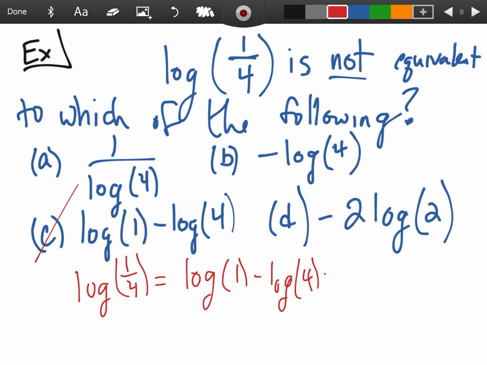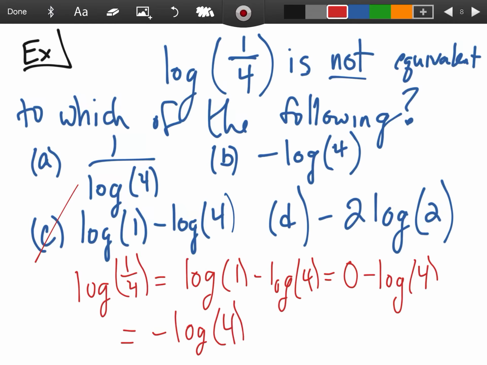Well, what's log of 1 equal to? Log of 1, 10 to what power equals 1? 0. Hopefully we remember log base anything of 1 is going to be equal to 0. So that's 0 minus log 4. Well, 0 minus log 4 is just negative log of 4. All right, negative log of 4, that's b, so it's not b.